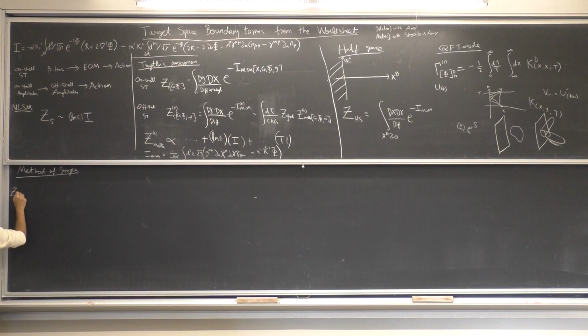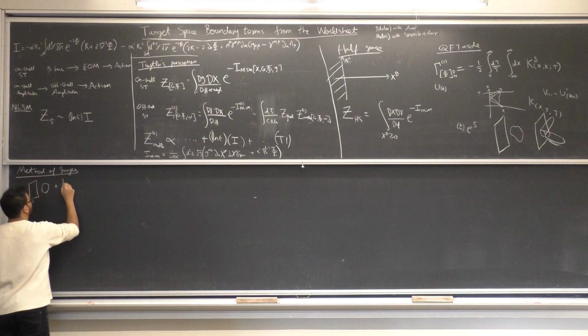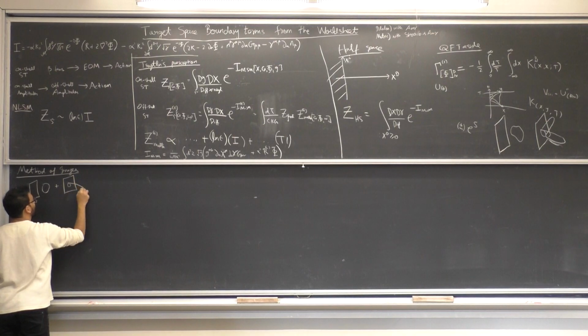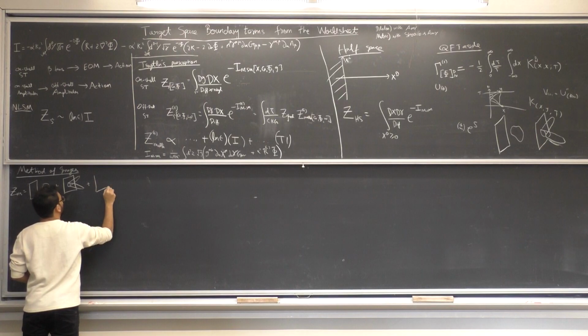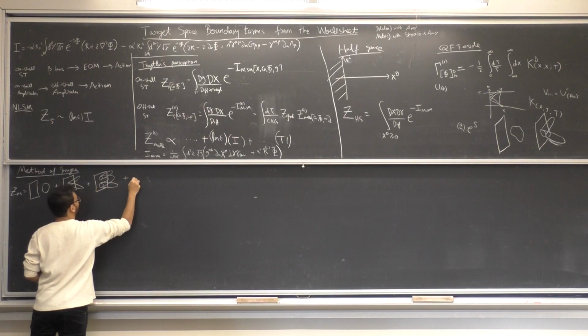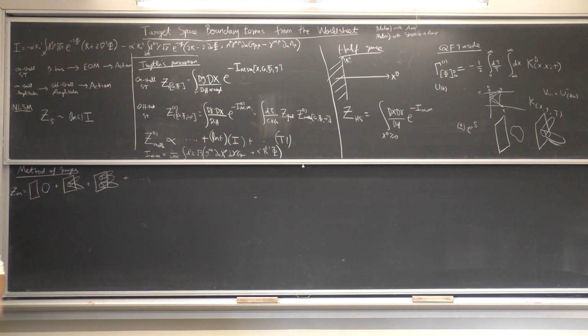So what is Z half space? It has contributions from those embeddings which never touch the wall but stay on the right side, plus those embeddings that bounce off the wall once, plus those that bounce off the wall twice, and so many number of times.